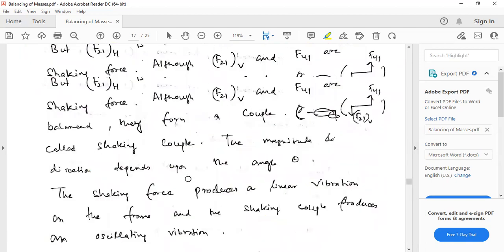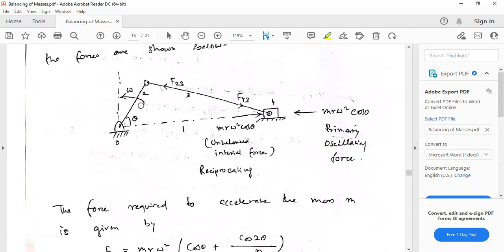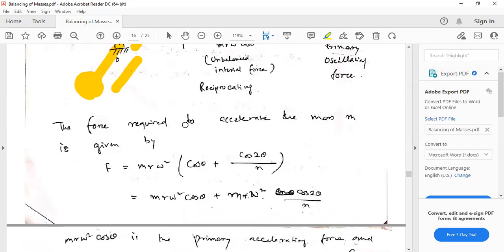Okay, so let's look at this. To balance an unbalanced reciprocating mass, what to do? By adding a mass at the same radius r, equal and opposite, sorry, this mass has to be added opposite to the mass here. Okay, that is what is said.